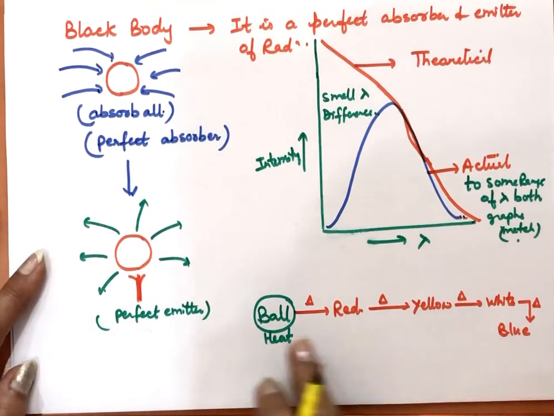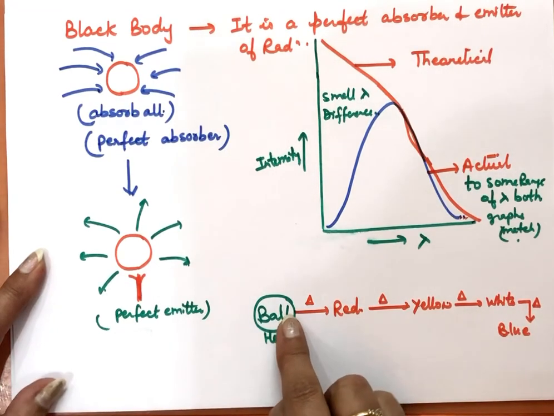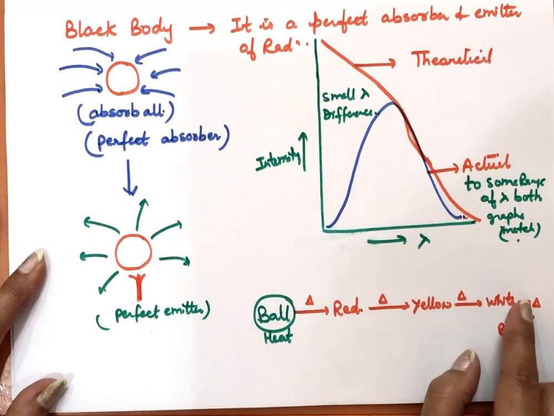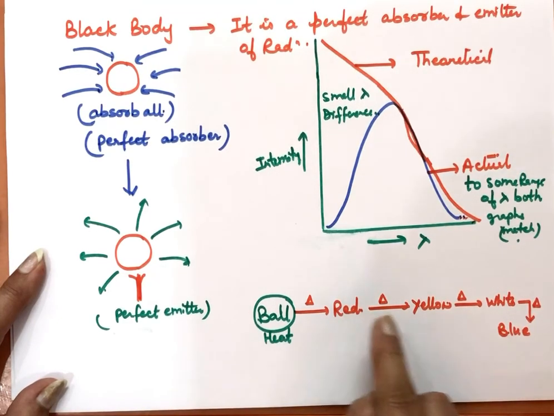So why is the color changing here? According to electromagnetic wave theory, radiations emitted by a substance are continuous. Continuous means they should have one kind of energy, one kind of wavelength, so one kind of color only it should emit. Why are the colors changing in this case?